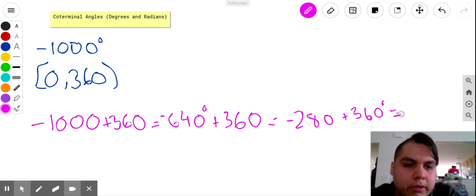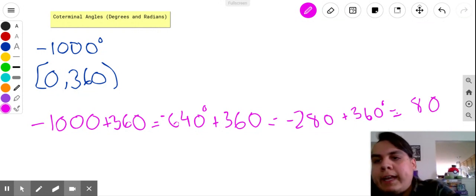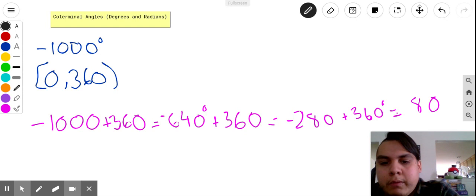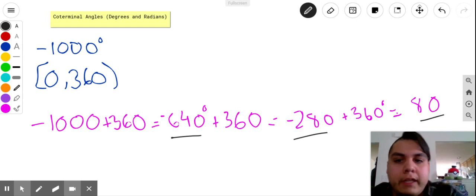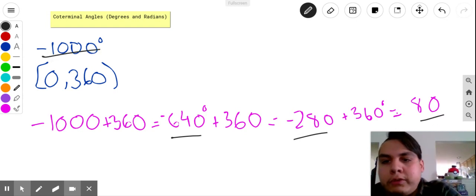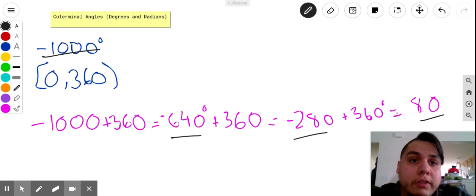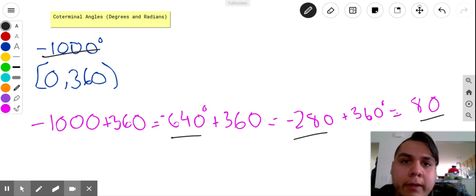My answer should now be a positive 80. That answer is within the interval I was given. So I know negative 640, negative 280, positive 80 are coterminal angles with negative 1,000 degrees. It's just a matter of adding or subtracting the 360 when you're given degrees.